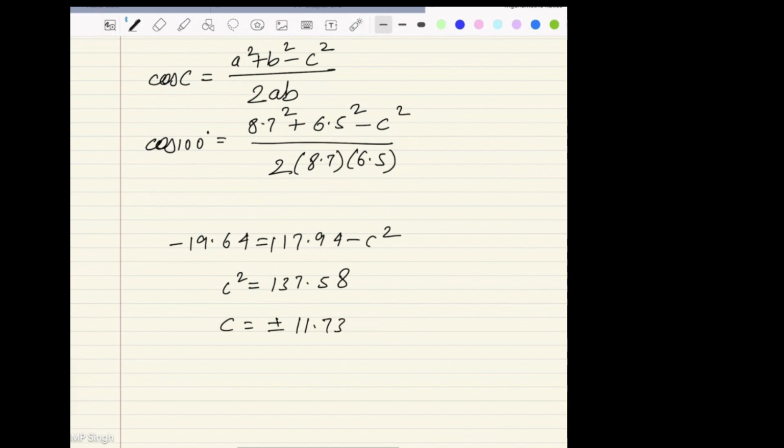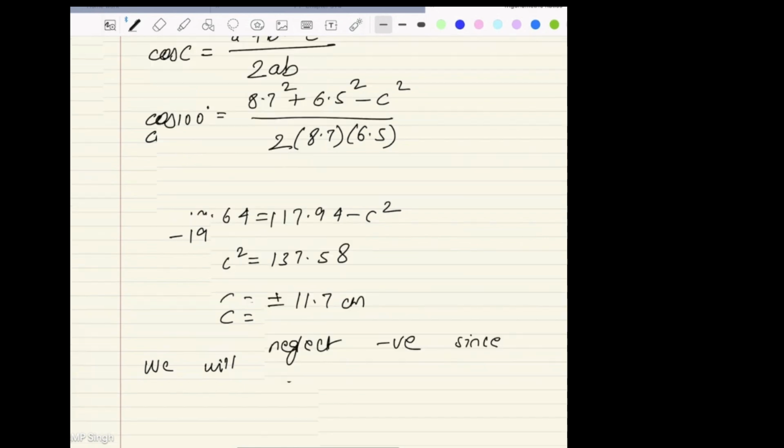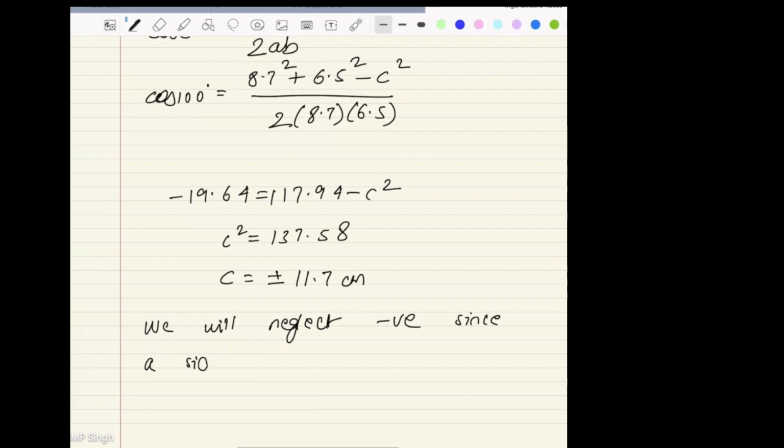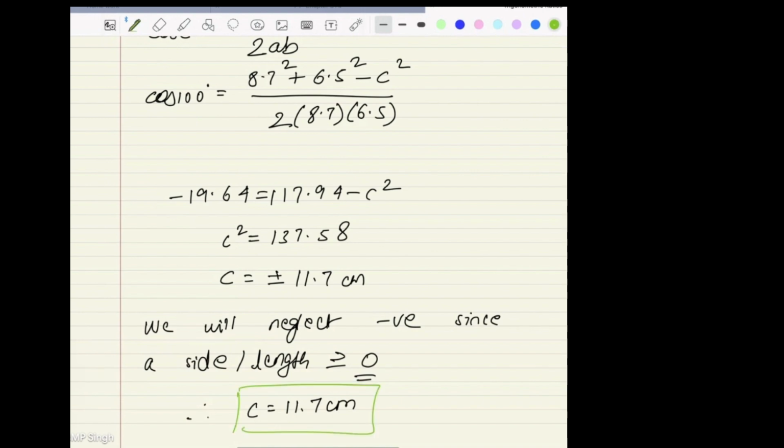Okay, let's just say 11.7 centimeter. We will neglect negative since a side or length will always be greater than or equal to 0, hence c equals 11.7 centimeter. Okay, so this should be your answer.